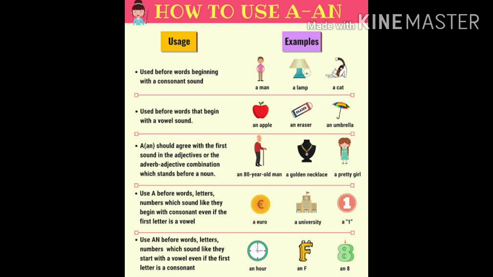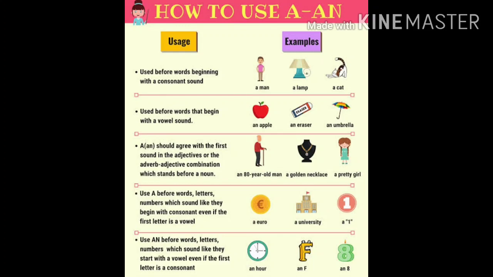For university also the same rule applies here. When we pronounce this word, it starts with Y, with a consonant sound. In spelling, it starts with a vowel, but the pronunciation starts with a consonant sound. So again they use a university.